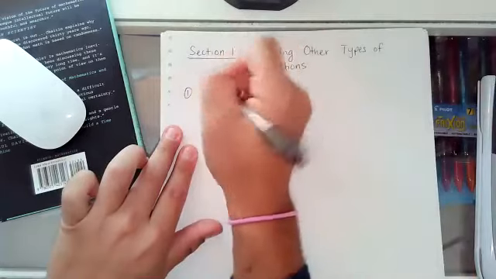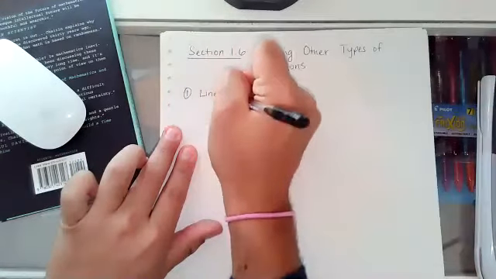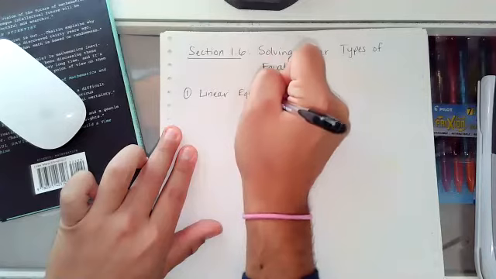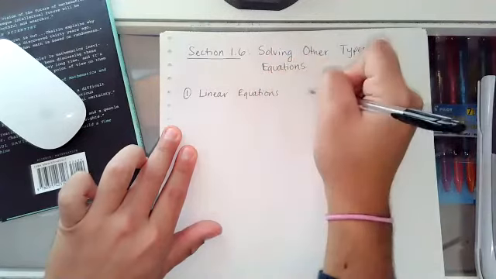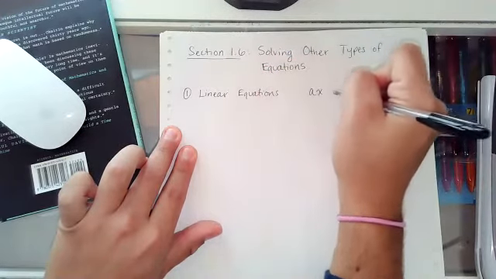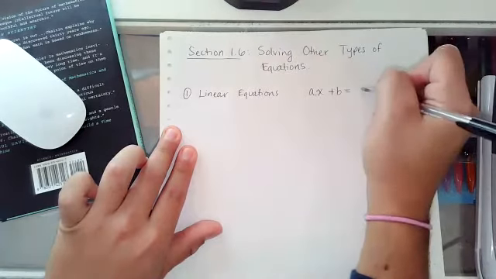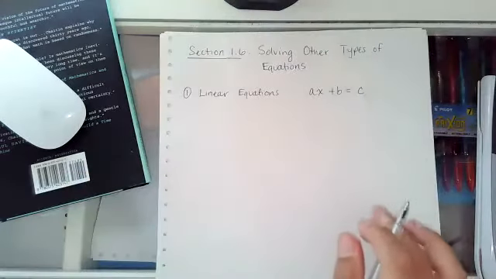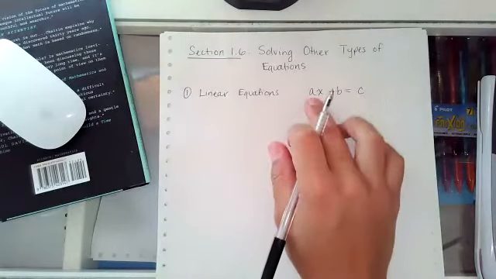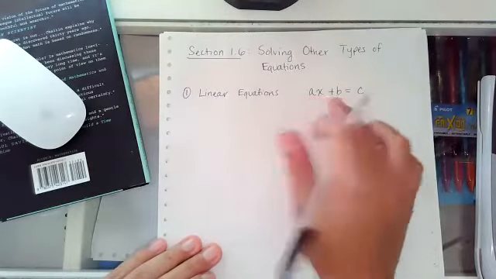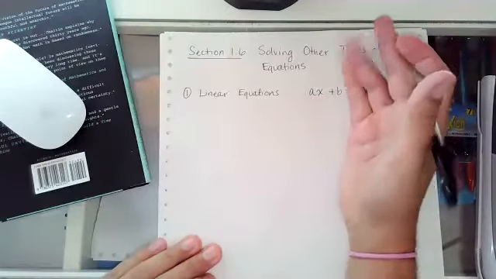At this point, we have solved linear equations. Those look like ax plus b equals c, right? Where the highest exponent on this polynomial part is a 1.